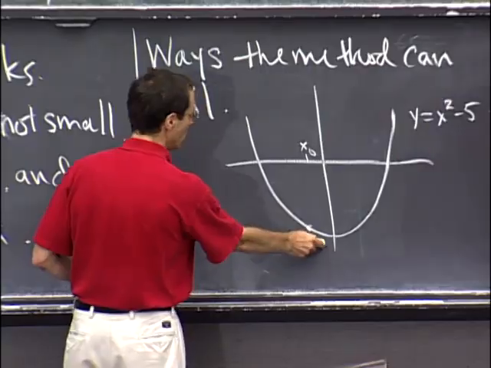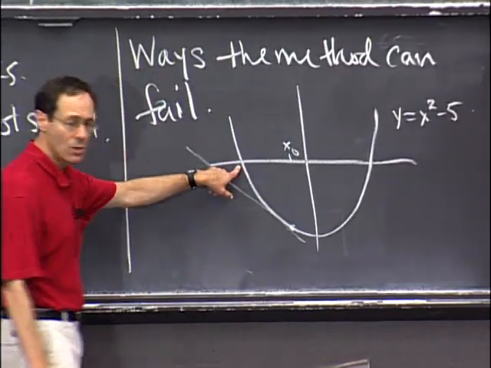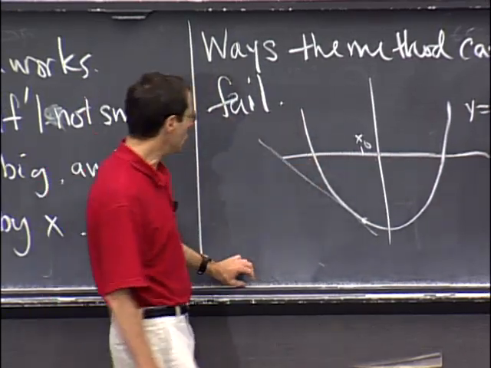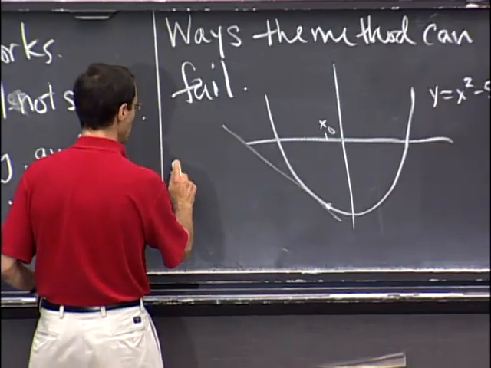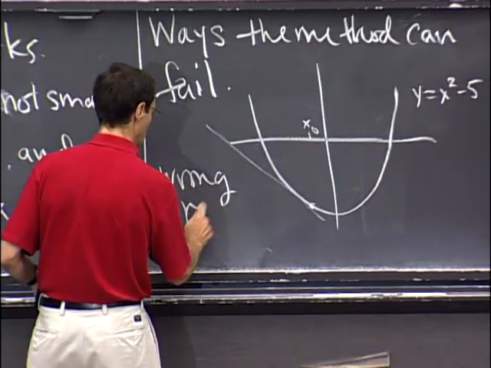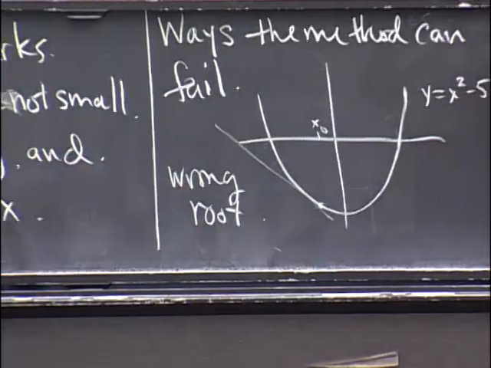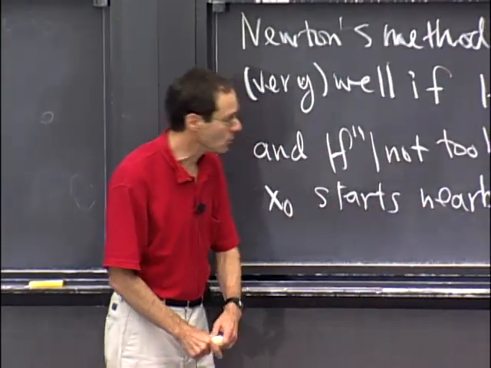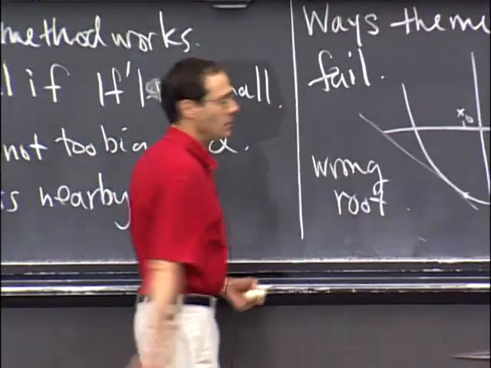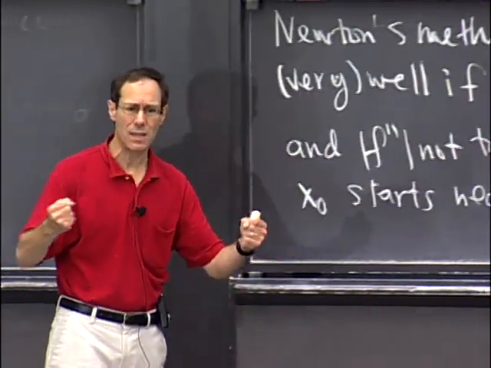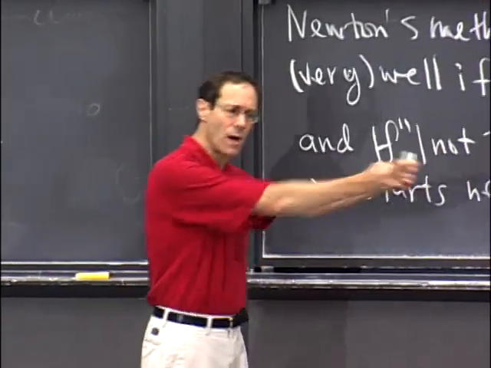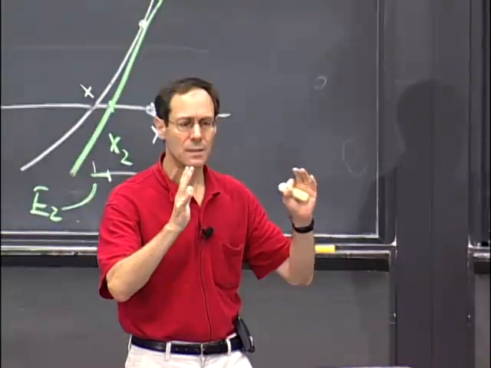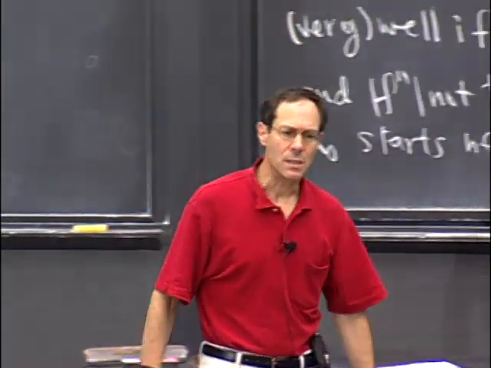Then this would have gone off to the left, and we would have landed not on the square root of 5, but on the other root. So if it's too far away, we get the wrong root. That's an example explaining that x0 needs to start near the root we're talking about. Otherwise, the method doesn't know which root you're asking for. It only knows where you started. So it may go off to the wrong place. It can't read your mind.